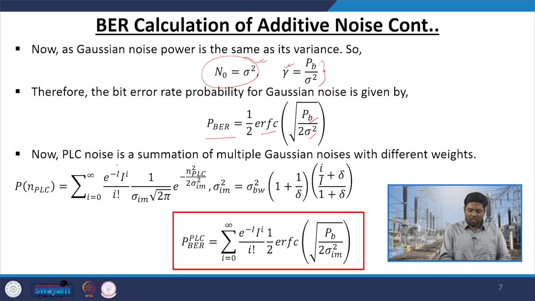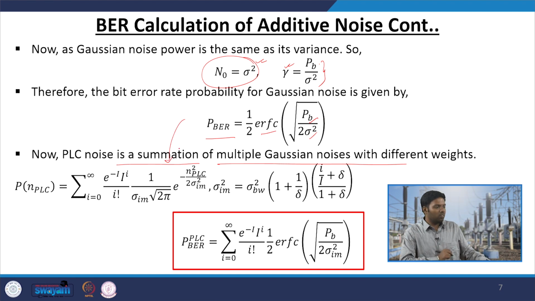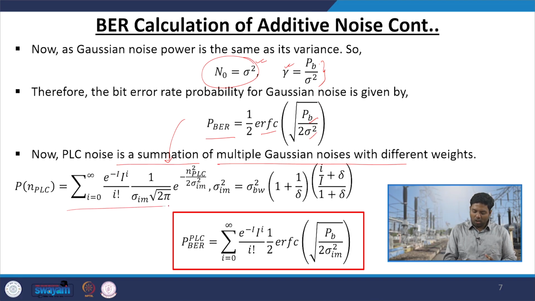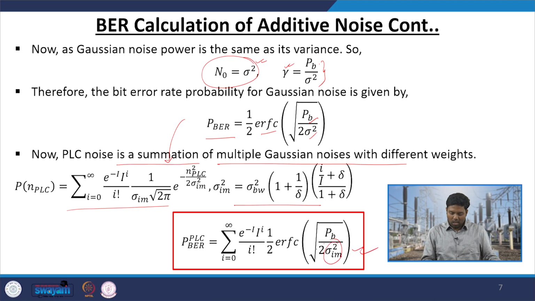Now, for PLC we have seen that it is a Gaussian mixture noise. So, at that time if we put this value into the additive noise model of the PLC, then the overall equation looks like this, where this is the overall standard deviation or variance value of the overall PLC noise.